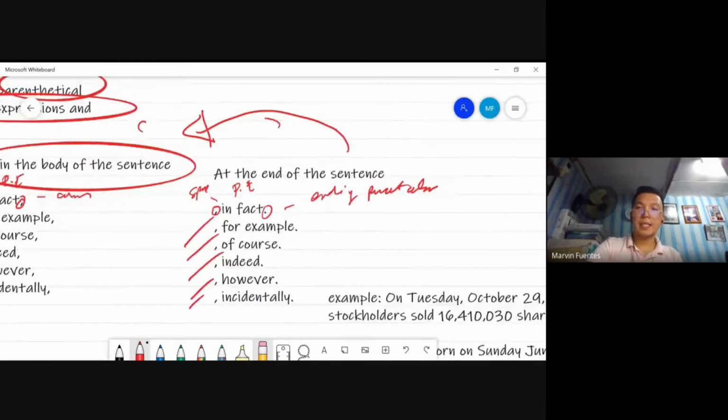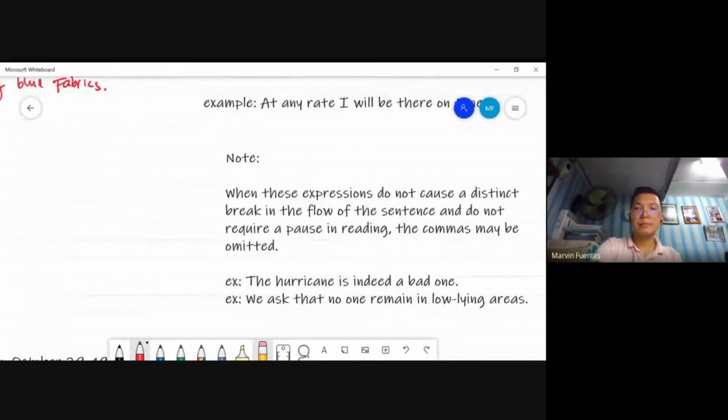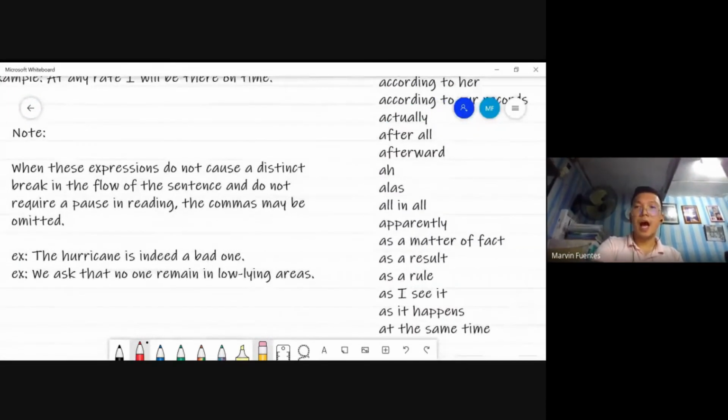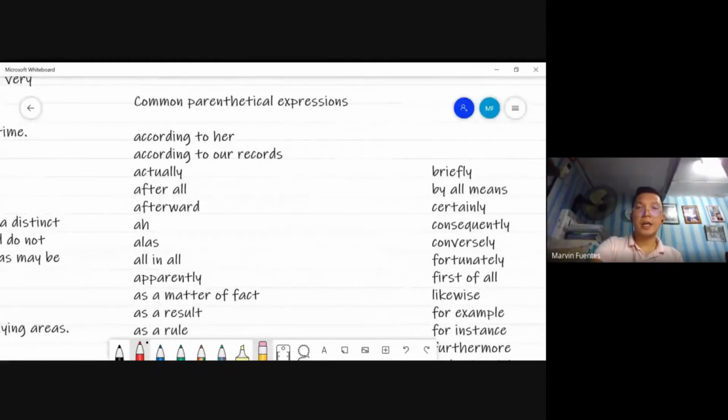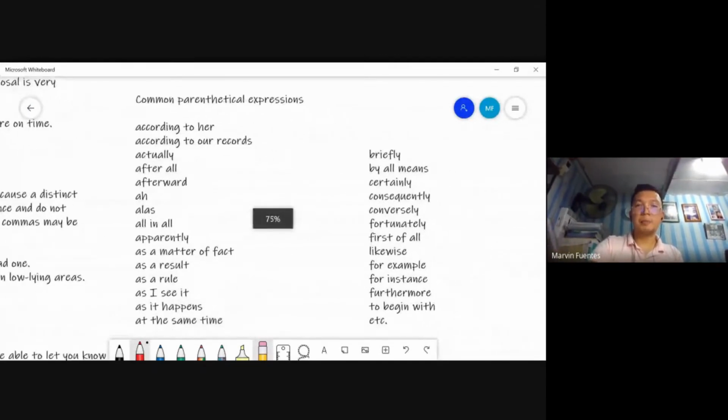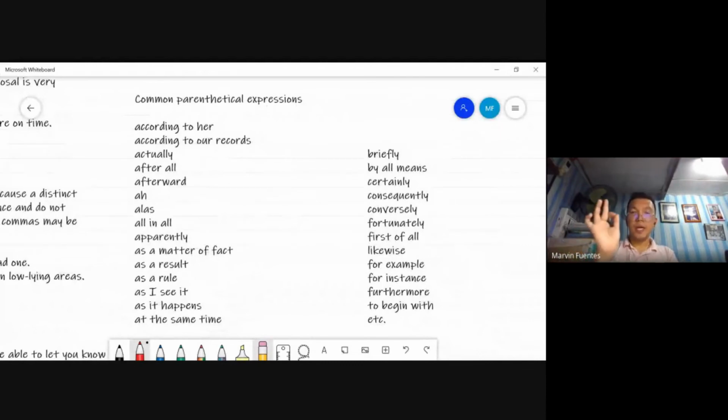All right? All the rulings should be applied. All right? And then, these are the other common parenthetical expressions that needs to be memorized. Okay? Kinakabisado yan. Yan yung mga parenthetical expression, madami pa yan. Okay? So, ibig sabihin, if it is not a parenthetical expression, it could be a subordinating conjunction.